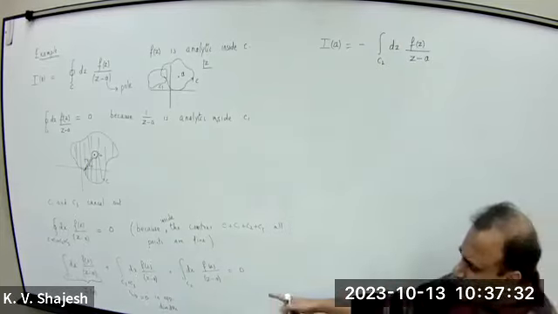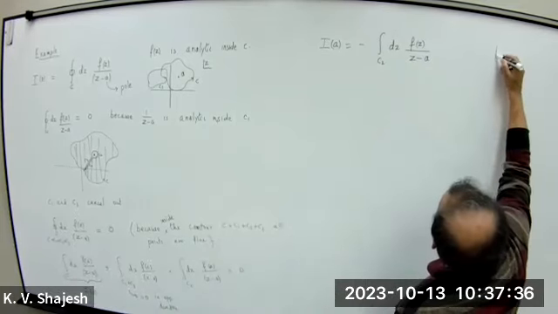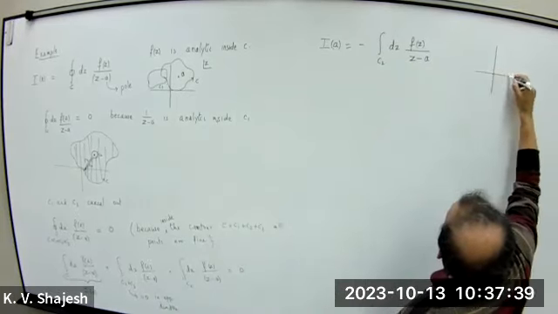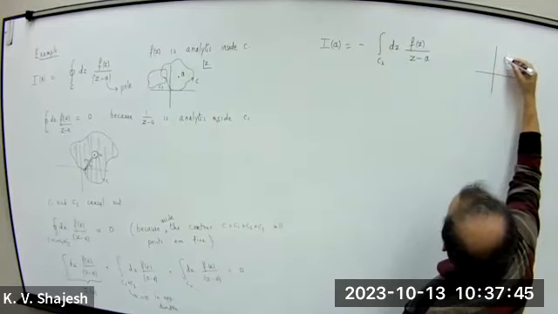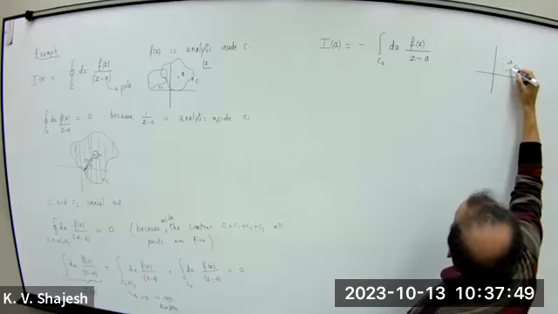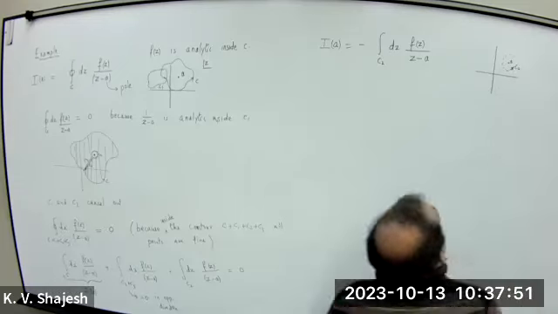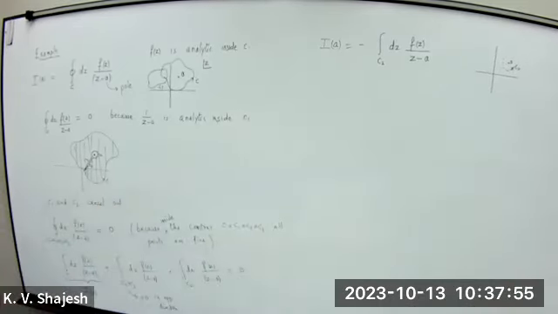And C2 is a circle. So this is A, and C2 is a circle. So that's your C2. Let me go in the counterclockwise direction.